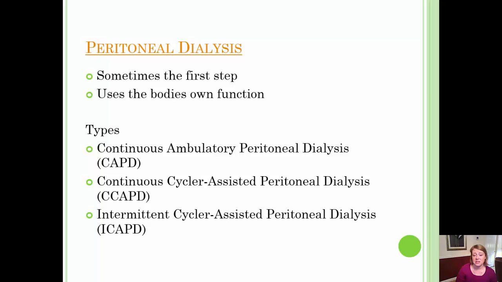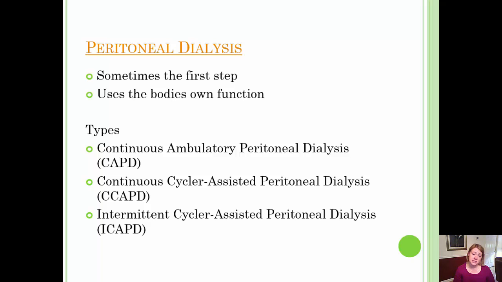Continuous cycler-assisted peritoneal dialysis means that there's a machine that instills the dialysate fluid into the peritoneal cavity, and then it removes the dirty dialysate or the effluent, and it continues that cycle throughout the prescribed amount of time that the physician wants the patient connected to that machine.